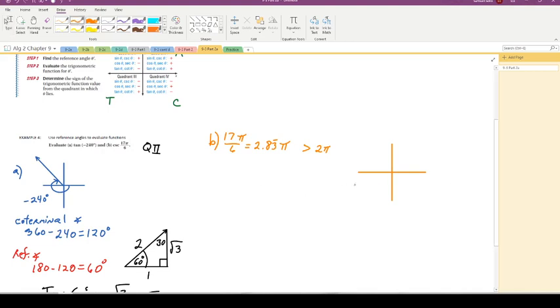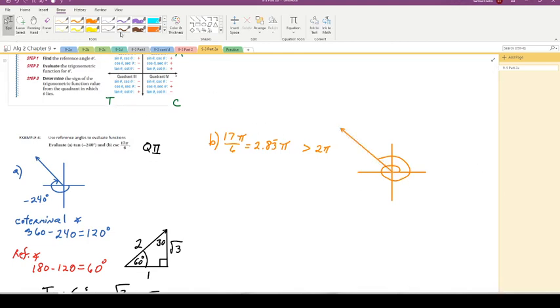In order to do that, it's going to go over once and then 0.83 more. Well, this is a half and this is 1, so it's going to be in here. So it's going to go all the way around and then land somewhere in here. Let's draw a line for that, something like that.